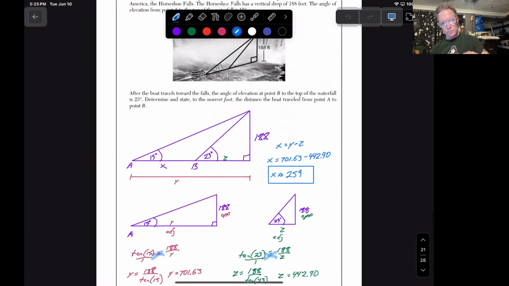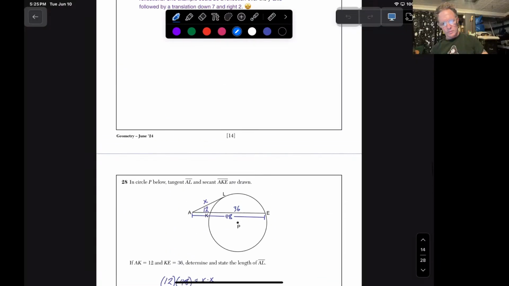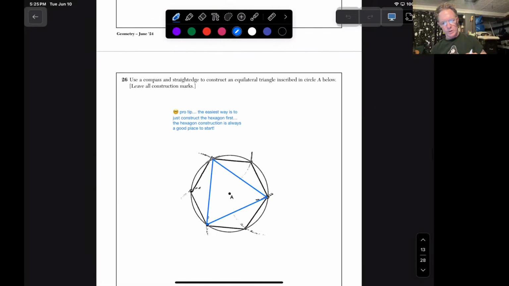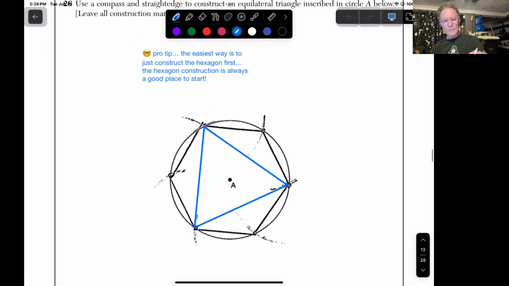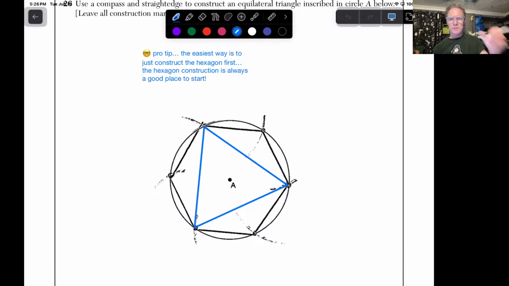I would actually create a hexagon, and then using a compass, you use the compass setting to figure out the length of the radius, and then you put the center of the compass on the circle and find these arcs along the way, and you're going to make a hexagon. And then you just connect 3 of the points instead of 6, and it's an equilateral triangle.